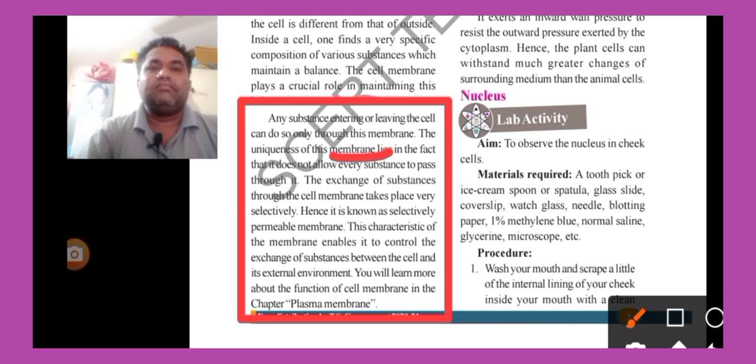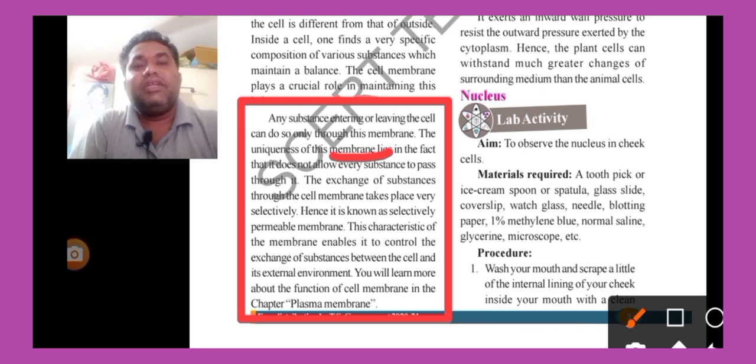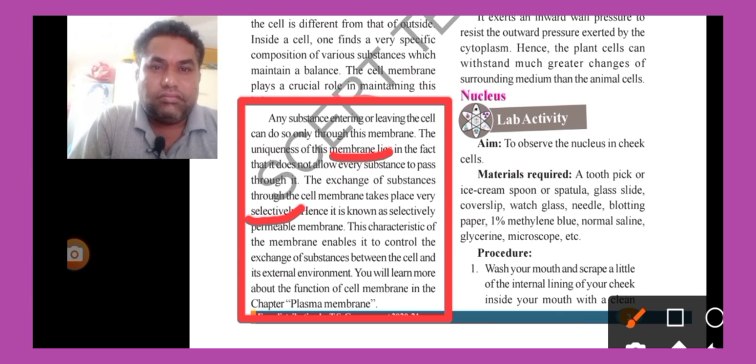It is the gateway to allow materials from outside into the cell, and from the cell to outside. Also, the exchange of substances through the cell membrane takes place very selectively. It will select materials which are important to the cell, and only then allow them. Wanted material only it allows, unwanted material it will not allow.